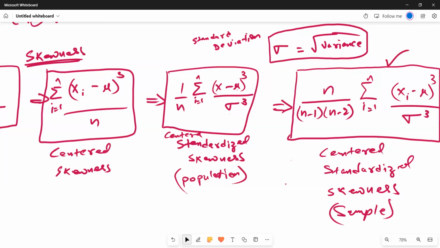All right. So these are the 3 moments that are very important with respect to statistics, data analysis, machine learning, and data science. You need to understand the intuition behind these statistical methods. If you understand these 3 moments very clearly, the rest of your machine learning journey is going to be very smooth.